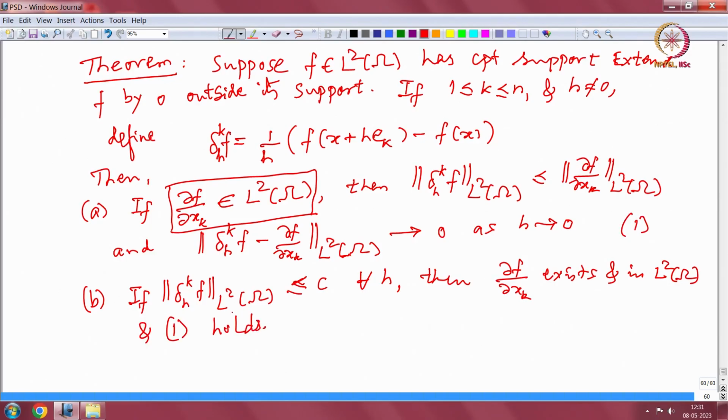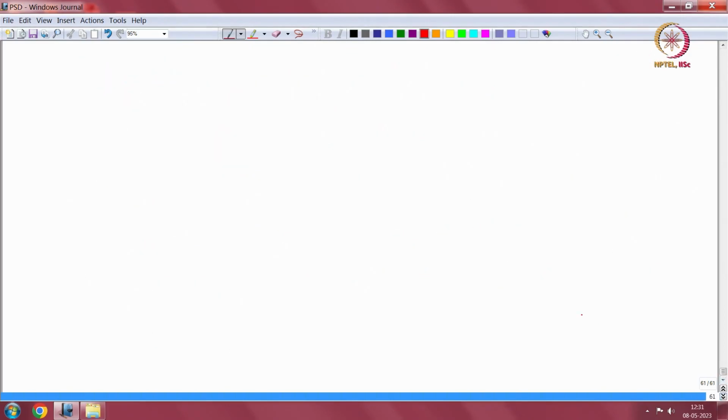Of course, this is quite cumbersome to deal with, the finite differences, if you want to go for higher order derivatives. So let me state one more theorem, where we can deal with all the derivatives in one go.